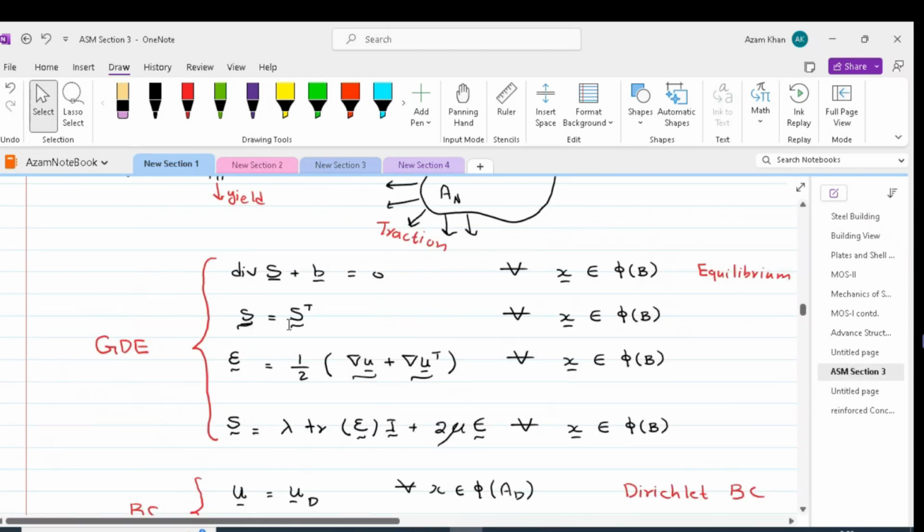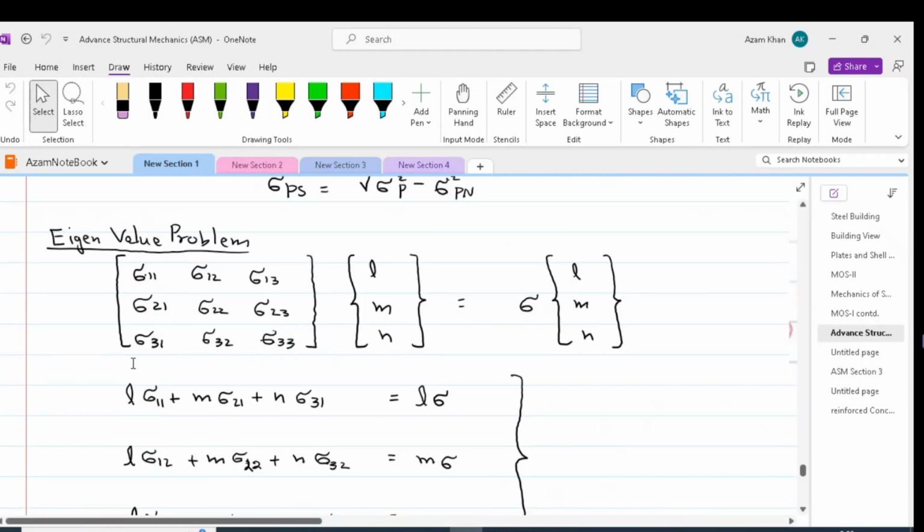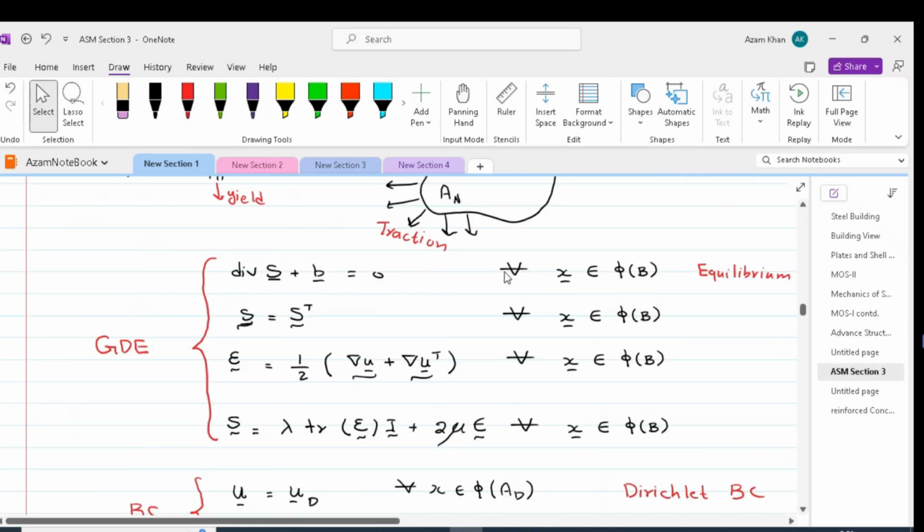S is equal to S transpose. In other words, our stress components, the 9 stress component tensor, is equal to its transpose. If we call this tensor S, S would be equal to S transpose. The inverted A means for all.